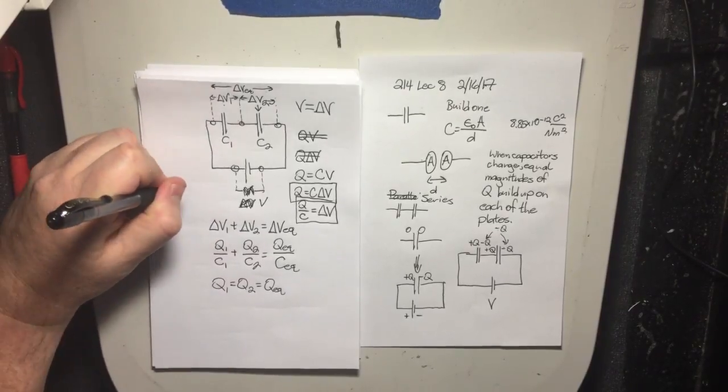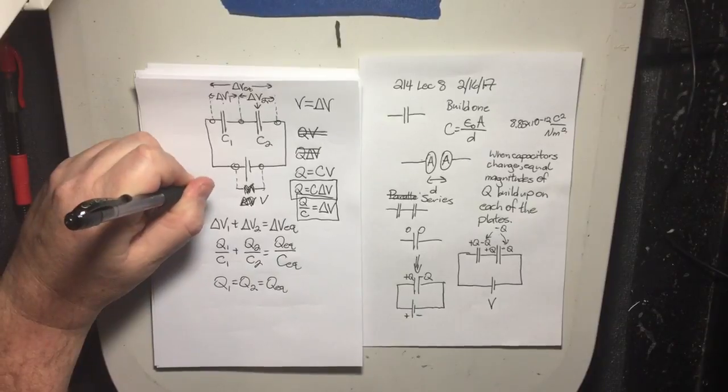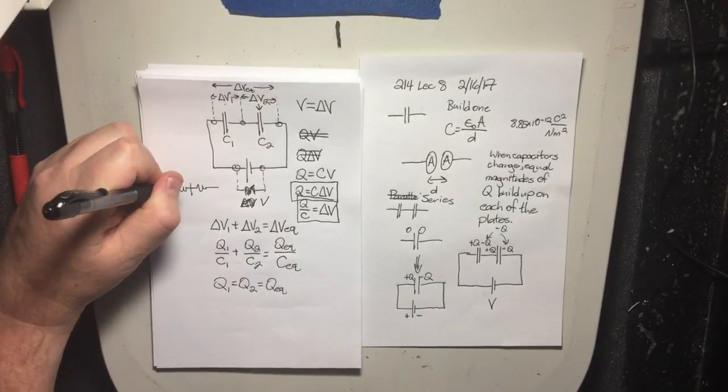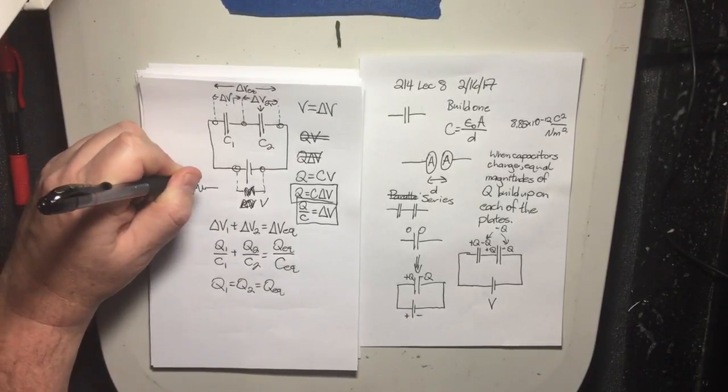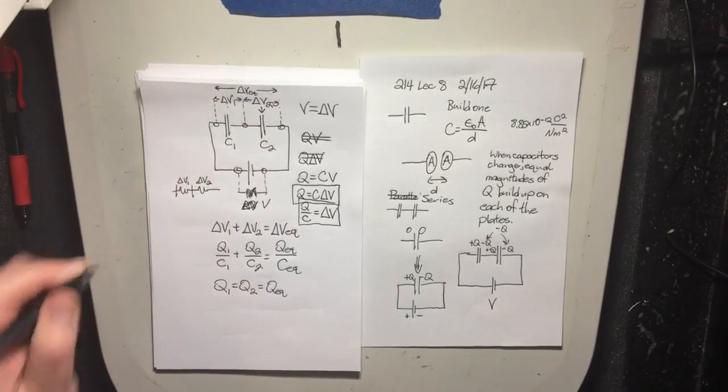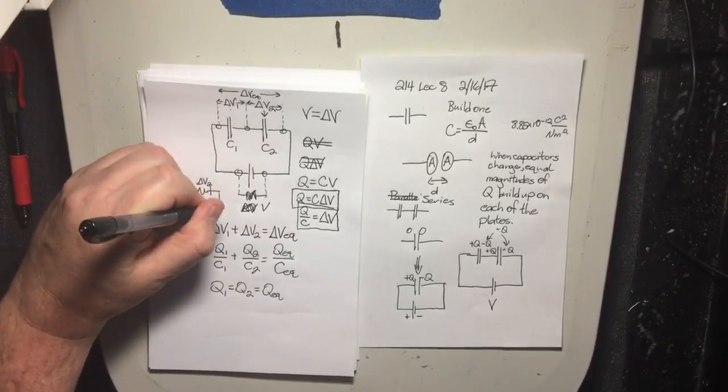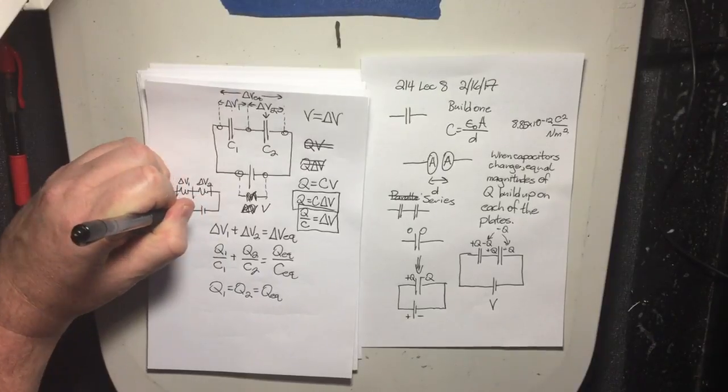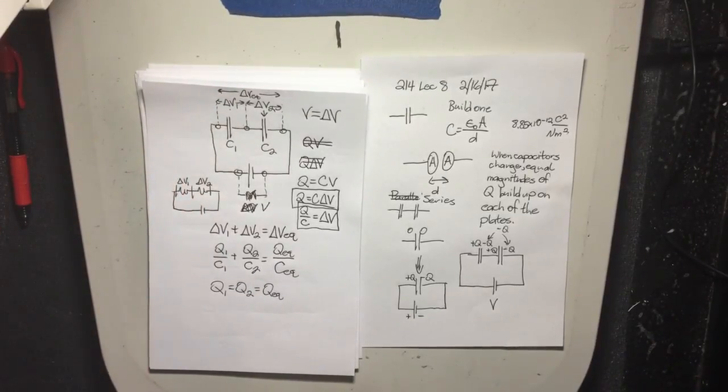Just like if I had two resistors hooked up to a battery, if they were equal resistors, the potential difference across each would be equal.